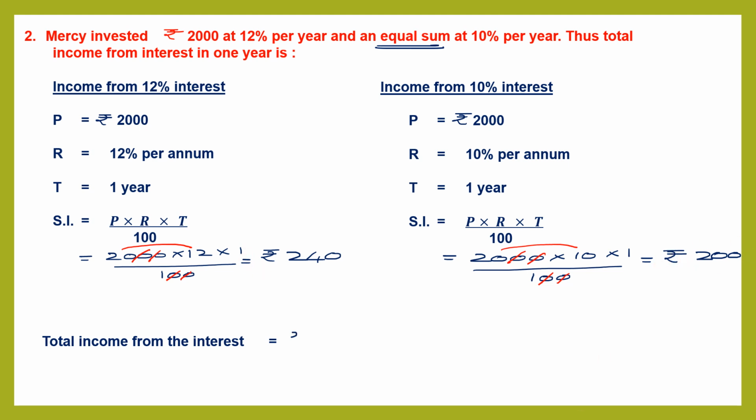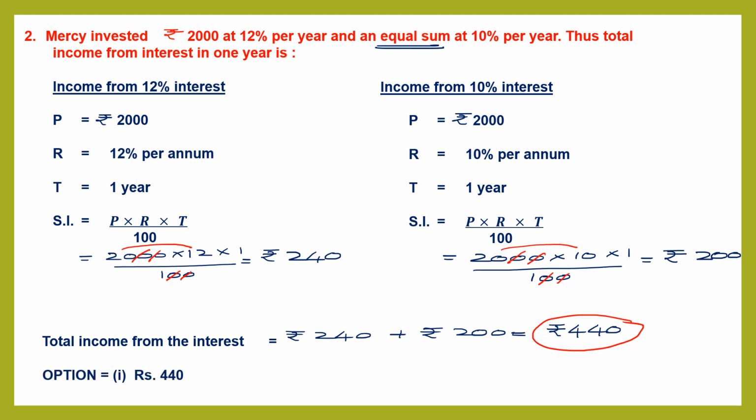So that is 240 rupees plus 200 rupees. 240 plus 200 is 440 rupees. So this is the total income that is earned in 1 year. Okay, so this is our answer, and that answer is option 1, 440 rupees.